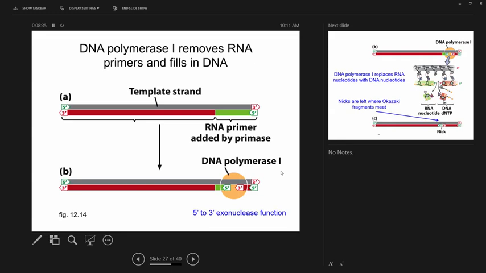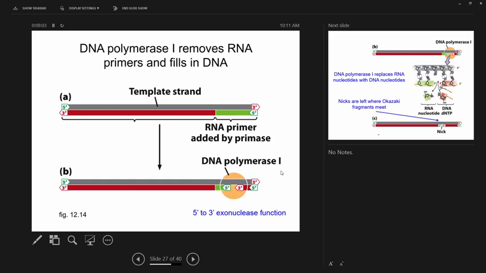There are two kinds, an exonuclease and an endonuclease. This one is an exonuclease, which means it has to have a free end, and it will knock nucleotides off that end one at a time. This one has a 5' to 3' exonuclease activity, which means it can't look at the 3' end and remove nucleotides that way.